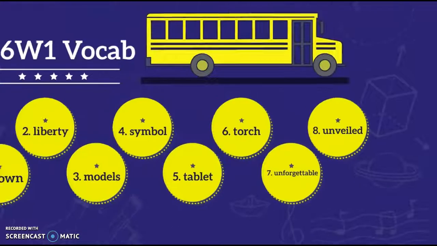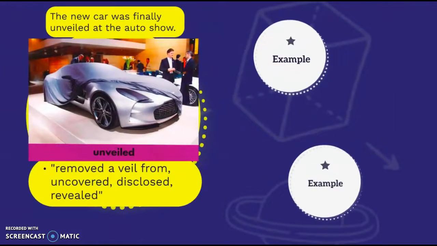And finally, number 8. Numero ocho, unveiled. The new car was finally unveiled in the auto shop. Let's say the word together. Unveiled. Again, I see the un as the prefix, which means the opposite or not.